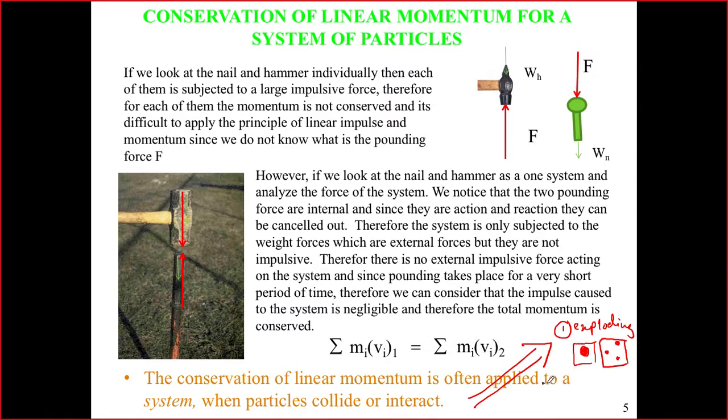And secondly, also when you have bodies which are striking each other. So one body is colliding with another one, then these can also be considered to be closed systems.